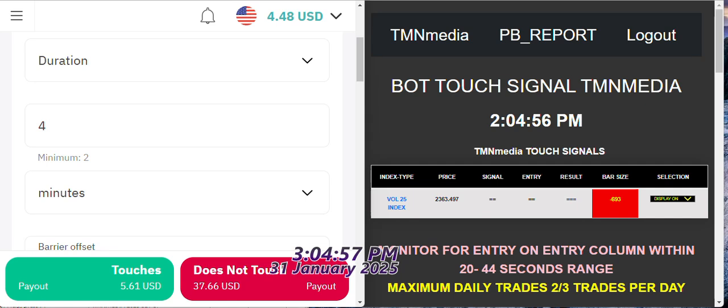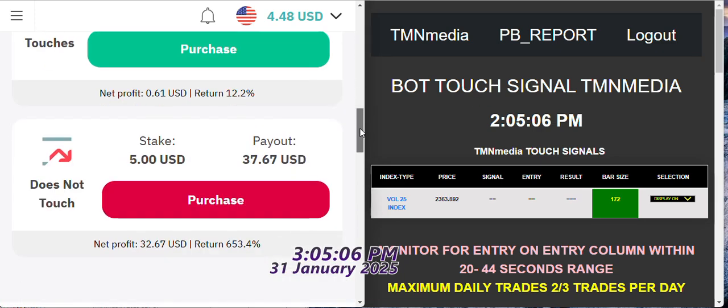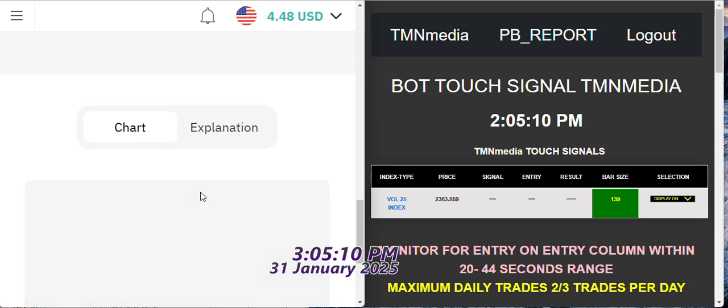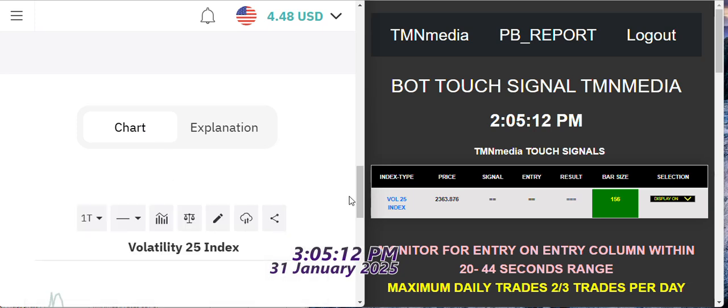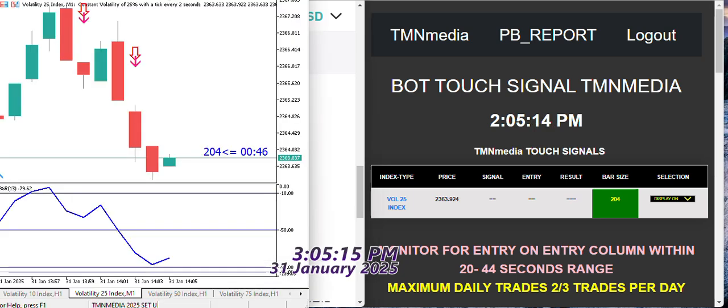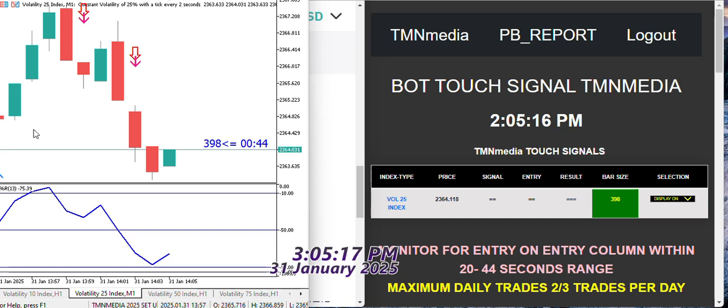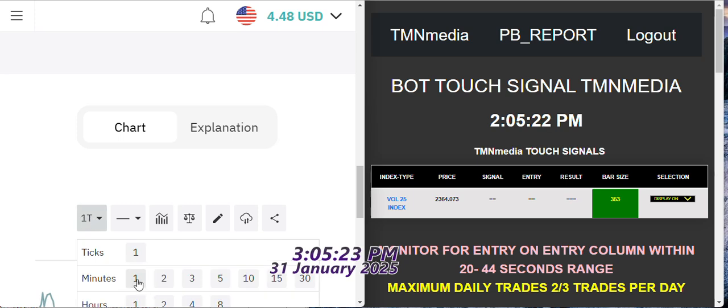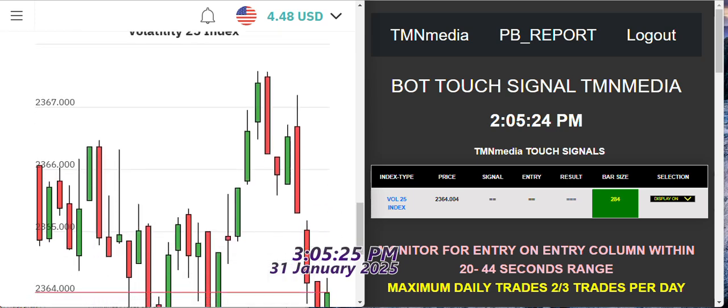Okay, I'm expecting a sell signal coming up. The reason being that, let me show you why I'm expecting a sell signal. In fact, let me show you from here. Okay, you can see this. You will also be able to see this from the chart if you use it.